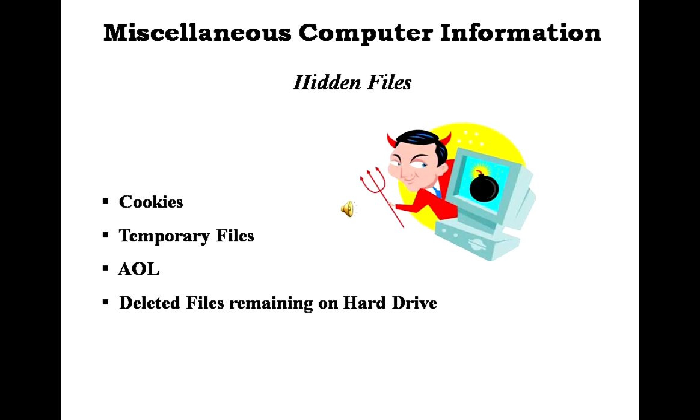Continuing with miscellaneous computer information, let's talk about some hidden files. Anytime you go on the internet and access a website, your computer is going to pick up some cookies and temporary files. They're going to be placed on your computer, and most of these are harmless. But some of them are being maliciously placed on your computer to track information that they weren't intended to do.